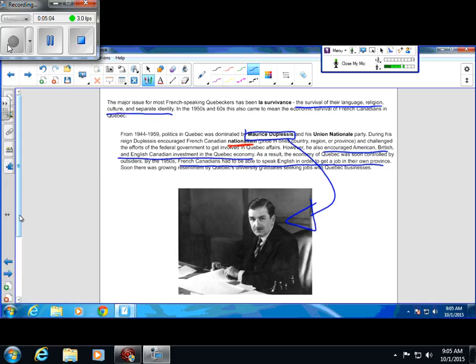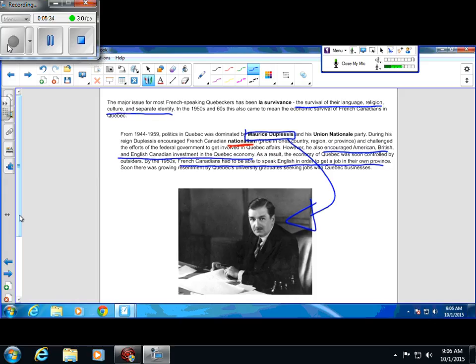You'll see this term a lot when it comes to French Quebec and the identity and sovereignty issues of French-speaking Quebec citizens. Just a quick reminder, nationalism is pride in one's country and one's own culture. People really take pride in what they believe in, and in this case, it would be the French culture.